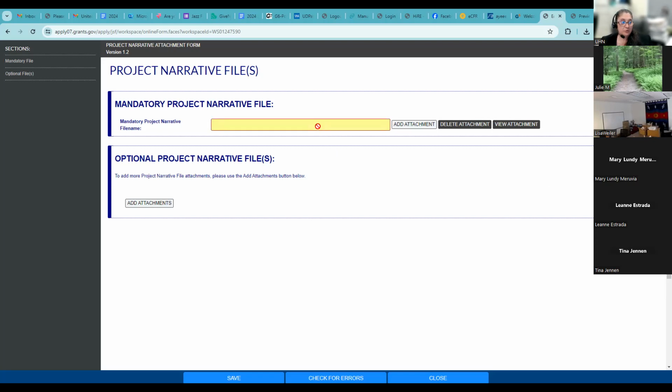So your mandatory project narrative is where you're answering the questions related to the criteria that you'll be evaluated on. So the first one is need and significance, quality of the project design.